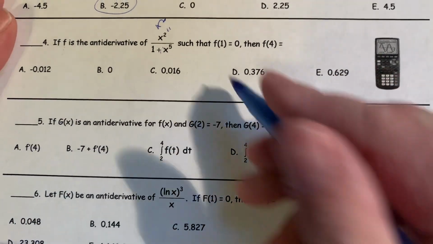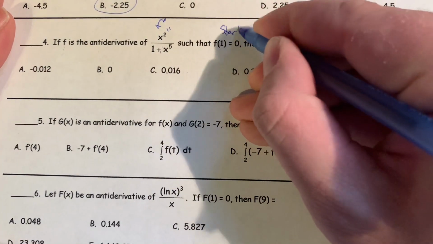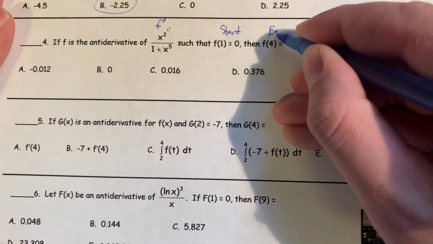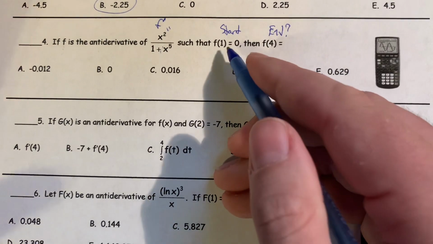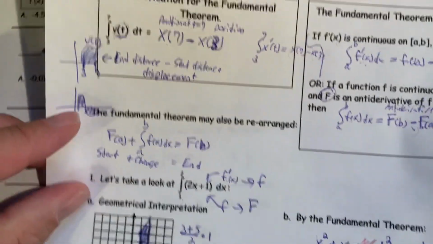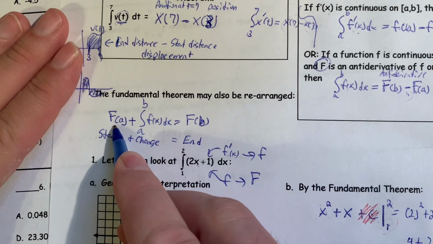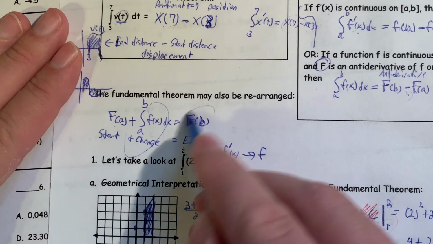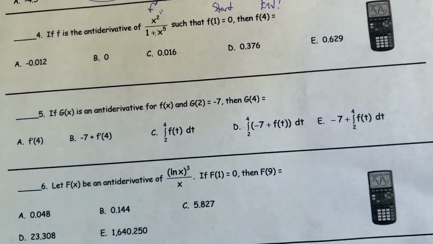Well, hopefully we recognize that if they give us a start point and they want the end, we can use that other form of the fundamental theorem of calculus, where we take the start plus the change, and that will give us the end. It's the easiest way to do these, and these come up a lot.